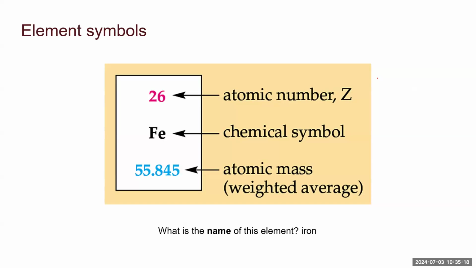Then there's the atomic symbol. These atomic symbols are single letters or two letters, and they are going to be a sign as to what that element is. For instance, Sr is an element known as strontium.